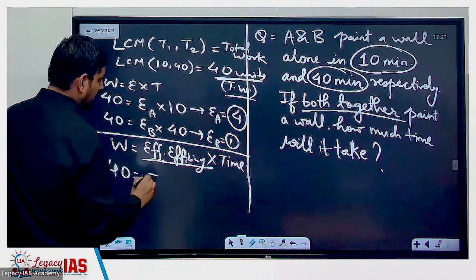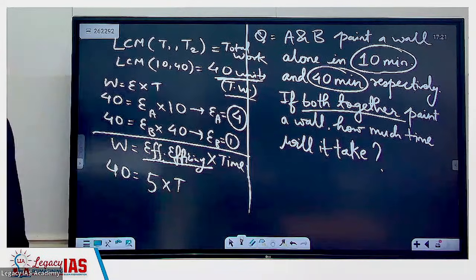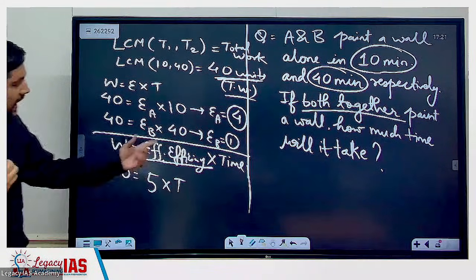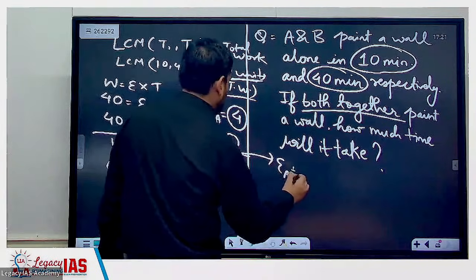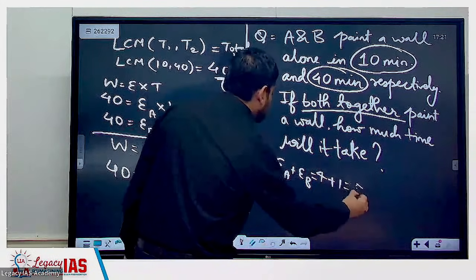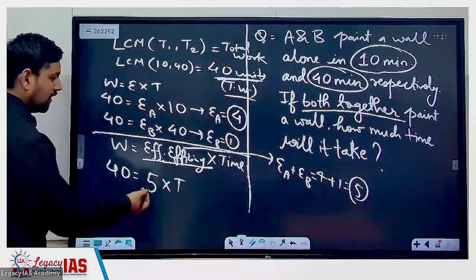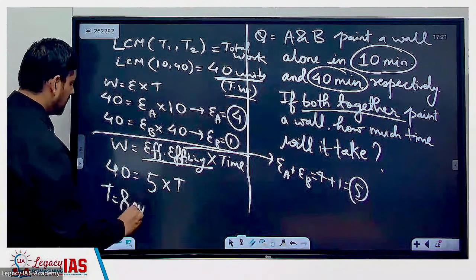So this will be equal to 5 into time, which I'm trying to find out. How did I get this 5? I added both of them. Effective efficiency here is efficiency of A plus efficiency of B, which is 4 plus 1 equals 5. So now 40 divided by 5, time came out to be 8 minutes.